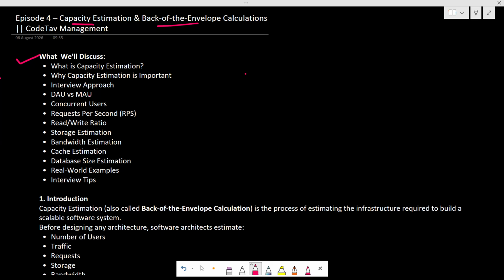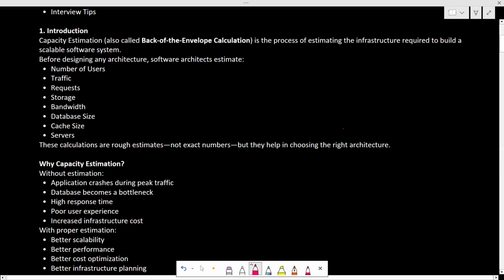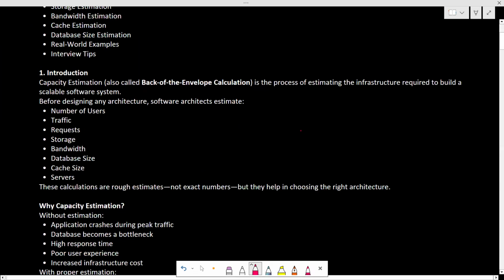After that, we will calculate storage requirements, bandwidth consumption, cache size, database size, and finally, we will solve some real world examples using Instagram, WhatsApp, Netflix, Amazon, and discuss how interviewers expect you to approach capacity estimation questions, right?